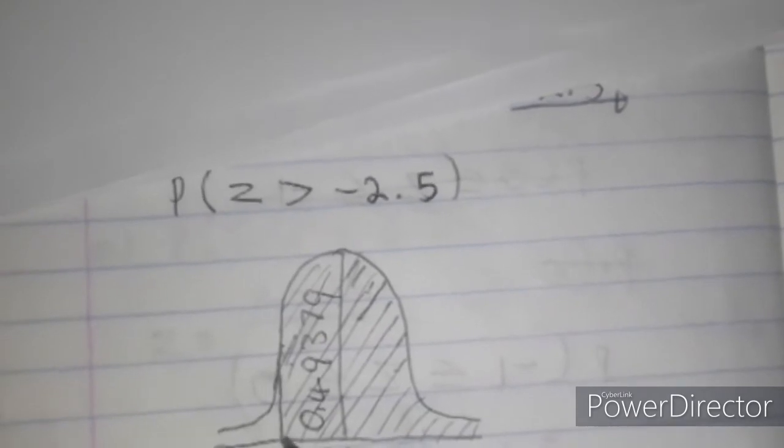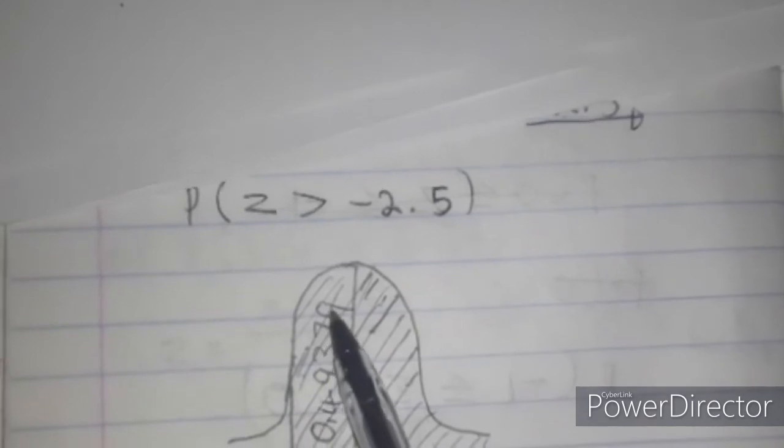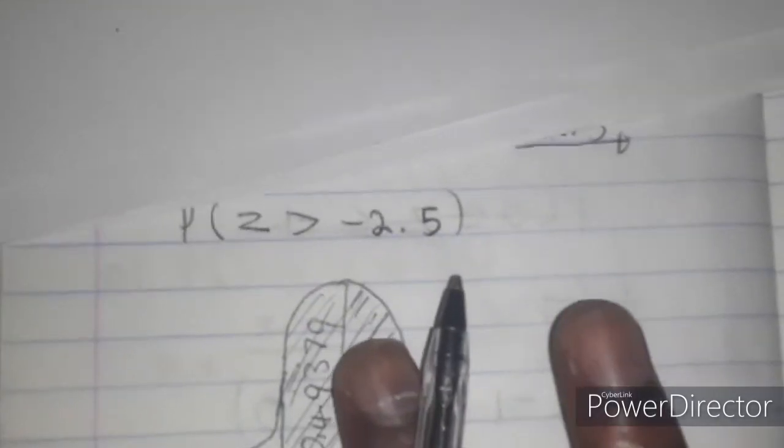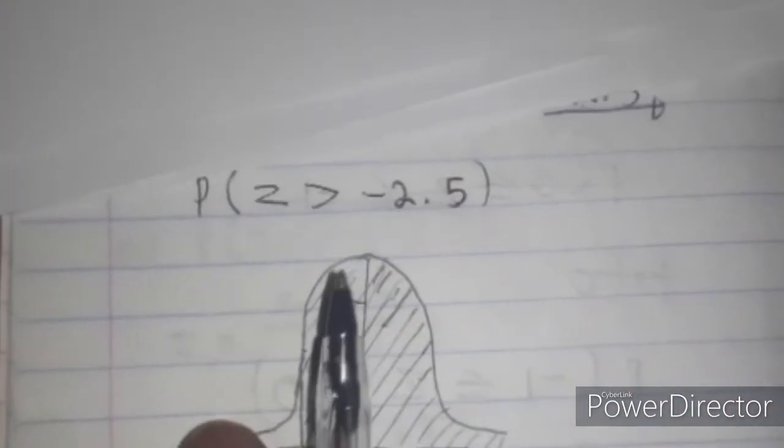I think I said in the beginning of this video, this side is equal to 0.5 and this side is equal to 0.5. But this part only, from 18 to 28, is 0.49379.